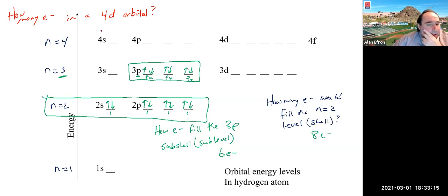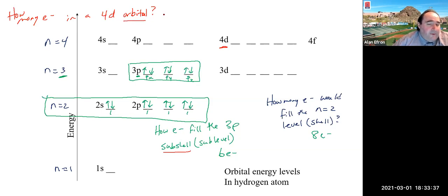Okay, I see a lot of answers coming in. I see 10. Okay, so 4d is definitely over here, but I did not say the 4d subshell, which would encompass all of those. I said a 4d orbital.